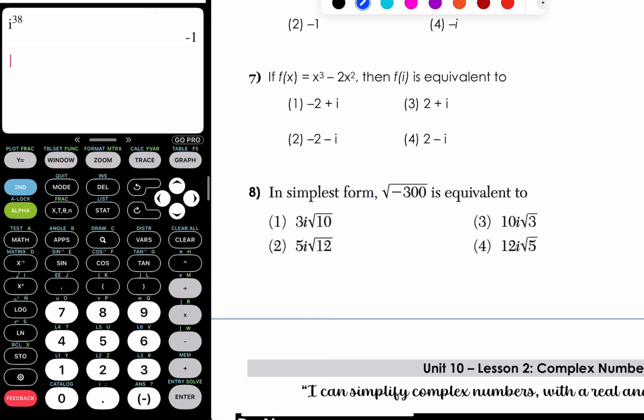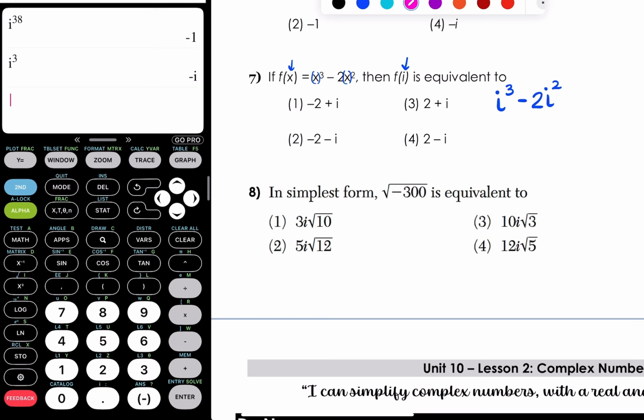Now, in number 7, it is giving us an input, right? f of i instead of f of x. So everywhere that there's an x, just like if this was telling us, for example, find f of 5, we would plug in a 5. Well, here we're going to plug in an i. So this becomes i cubed minus 2i squared. Well, if you don't memorize your cases, you could just put it in the calculator.